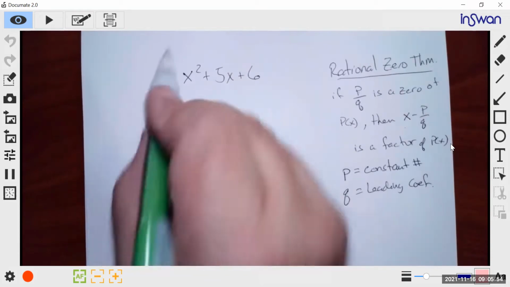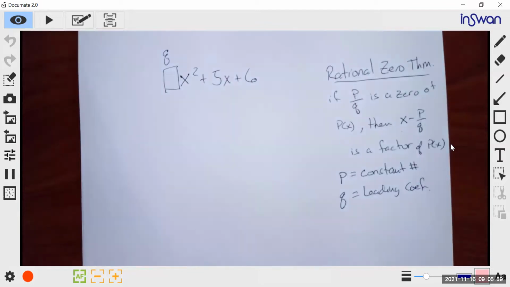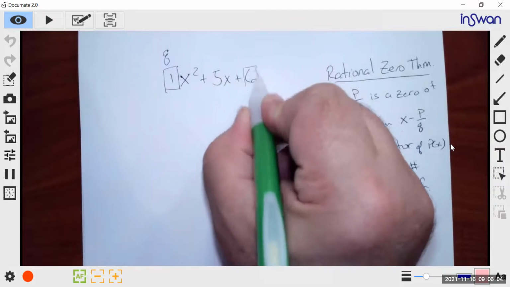So in this case, that number there is my q. What is that? It's 1. This number here is my p.